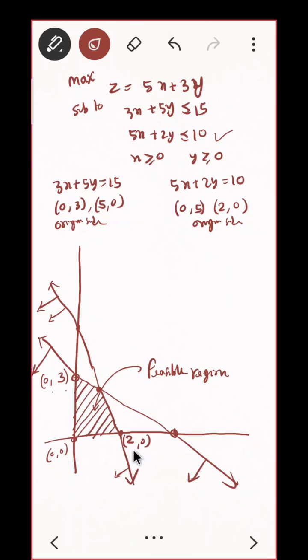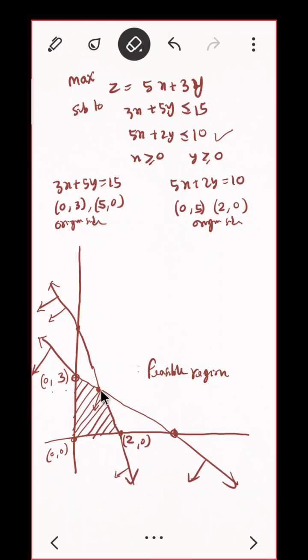What remains now is to find this one, correct? How can you find that? Any idea? How can we find this point?